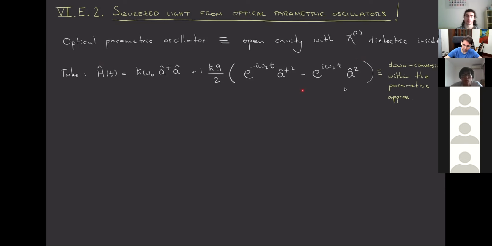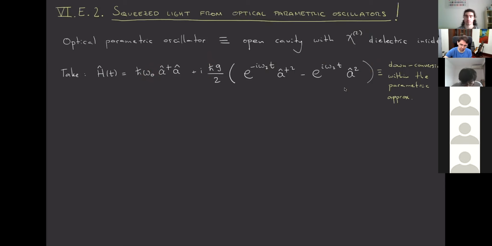So I remind you just very quickly that what I am describing here is something that we call down conversion, which means that when we shine light of frequency omega 2 onto a material which has second order nonlinearity, we can generate a field at half the frequency, or around half the frequency, that we call omega 0, okay, through this kind of Hamiltonian. And this is what we call spontaneous parametric down conversion.